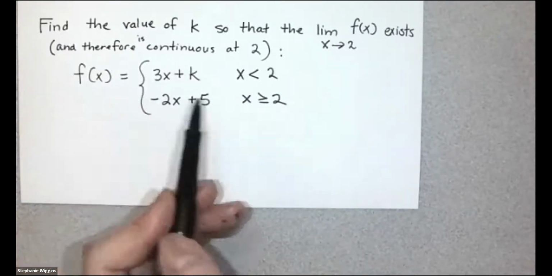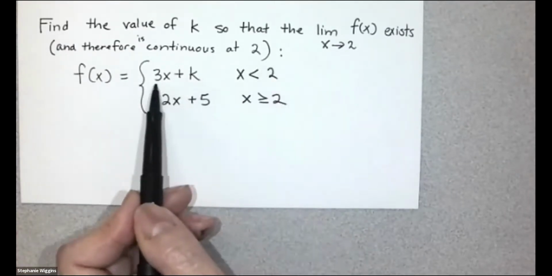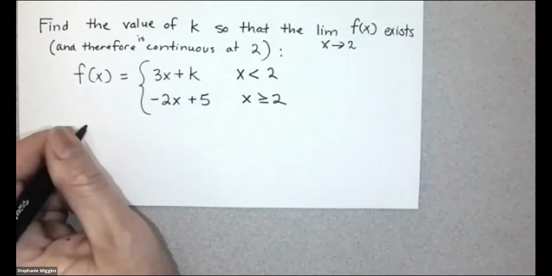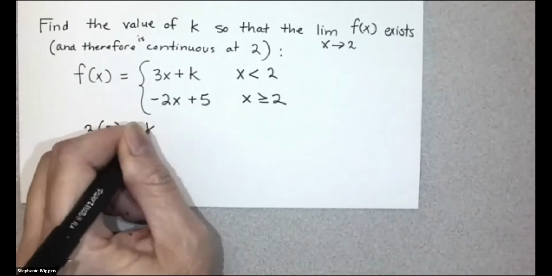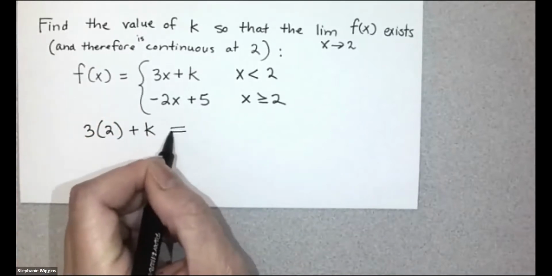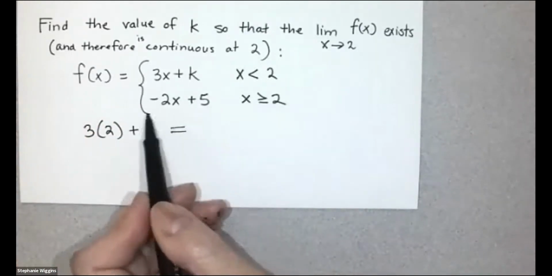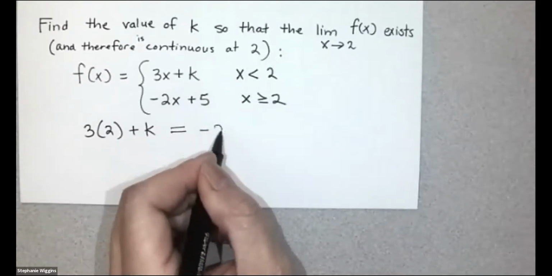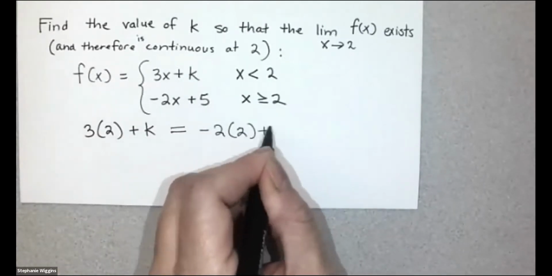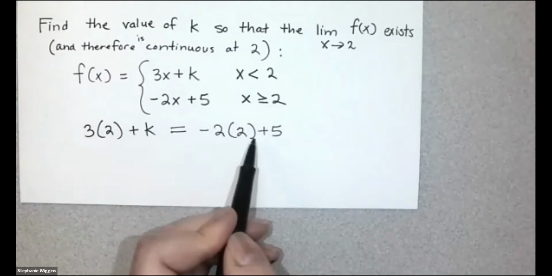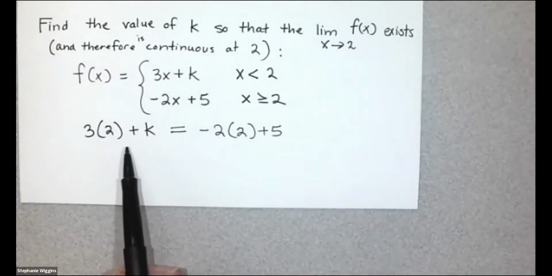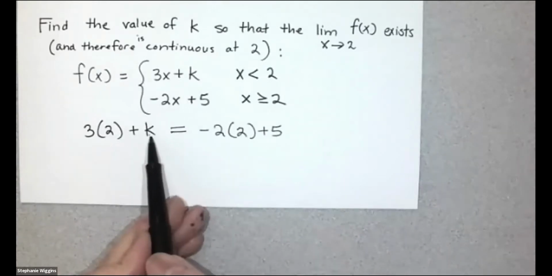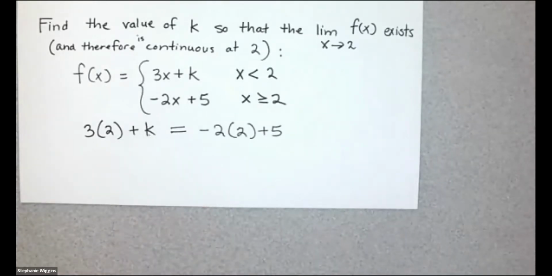So what I'm going to do is I'm going to take 2 and plug it in my top function, and that's going to give me 3 times 2 plus k. I want that to be equal to this number plugged into the bottom function. So minus 2 times 2 plus 5. If these 2 functions evaluated at 2 are equal, then the function will be continuous, and that's what I'm looking for. What k value will make the function continuous?